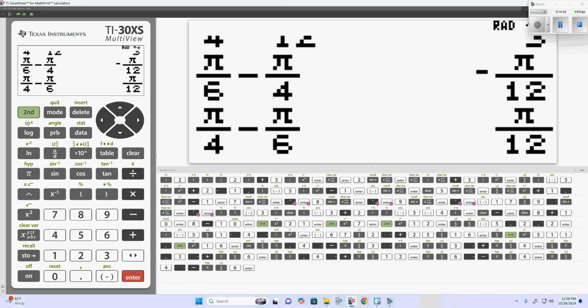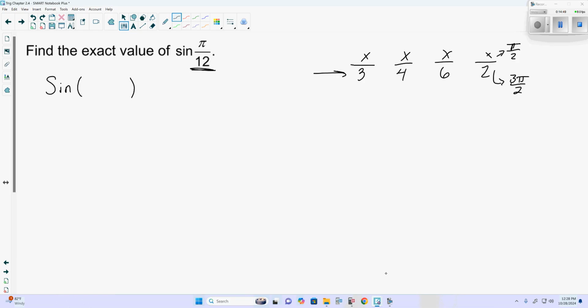So what we could say, and the reason that this is helpful, is that pi over 12 is the same as pi over 4 minus pi over 6.